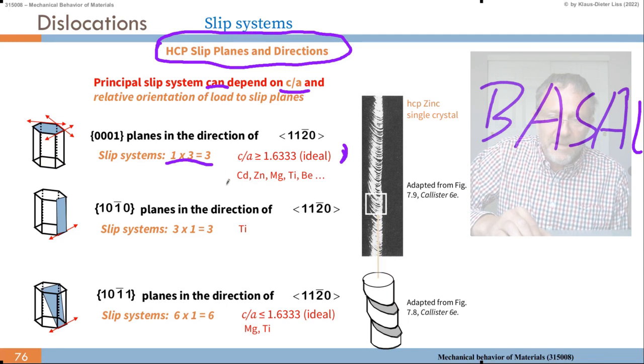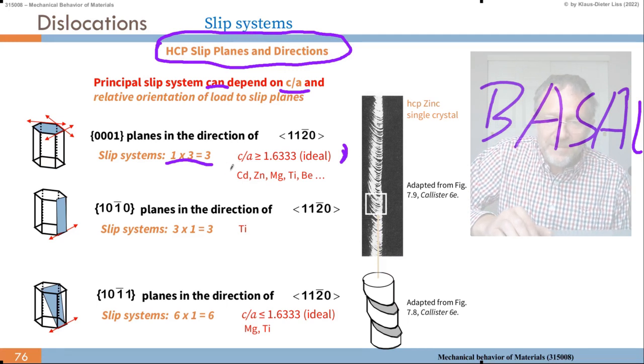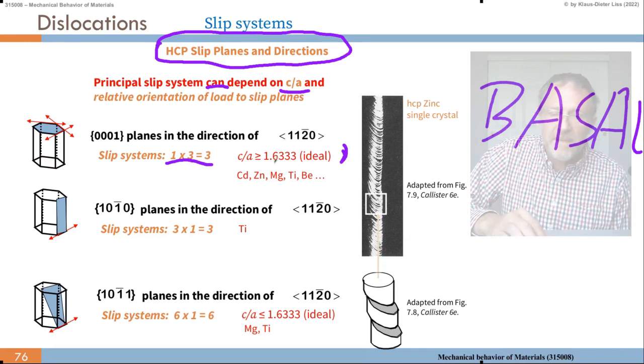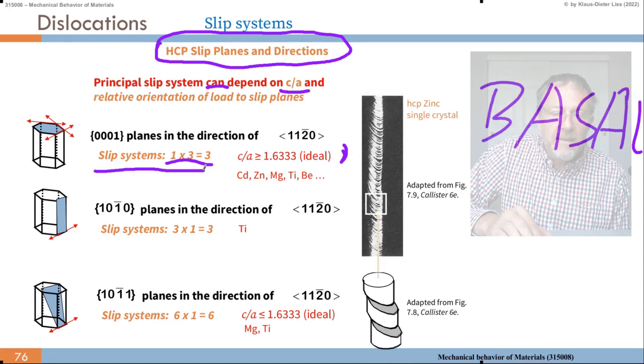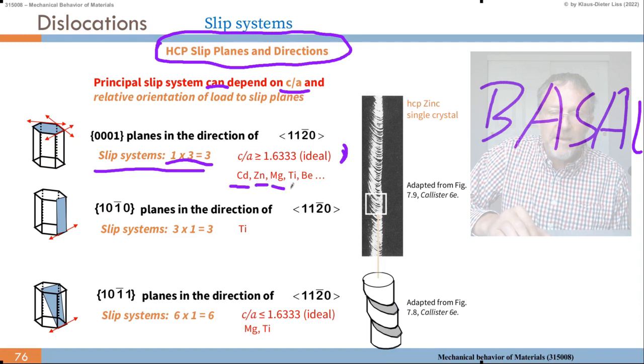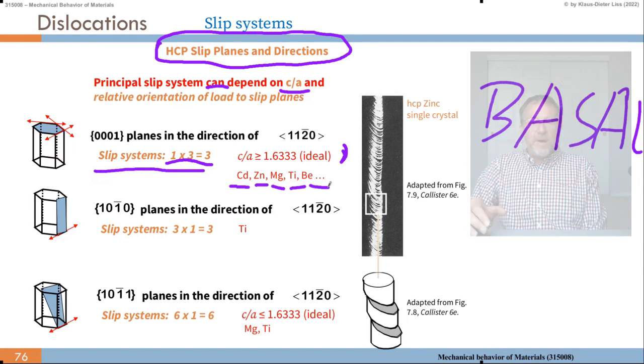Just look it up and do it. And in these metals, if C over A is distorted and larger than 1.633, then typically we get the basal system activated. For example, in metals like cadmium, zinc, magnesium, alpha titanium, beryllium, and of course there are more.